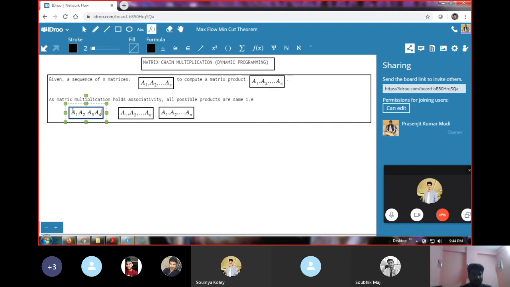Four matrices we are given, and we want to put brackets.